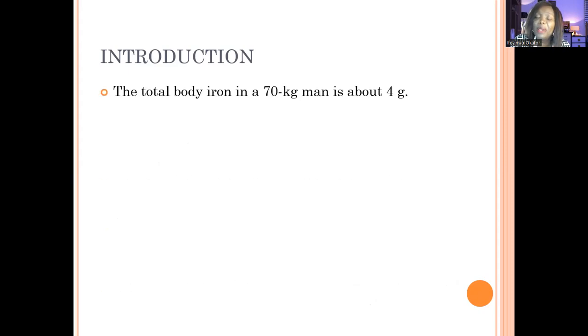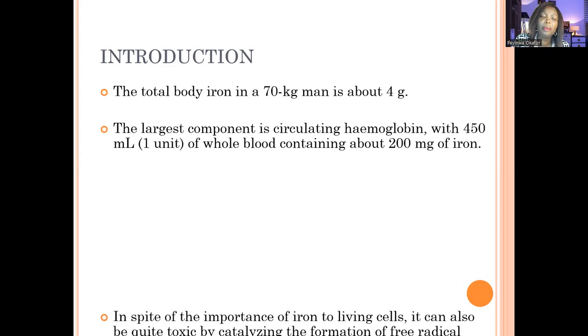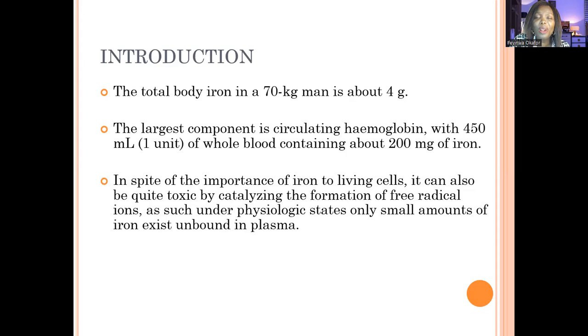The total body iron content of a 70 kg man is about 4 grams. The largest component, the largest compound that contains iron in our system, is the circulating hemoglobin.